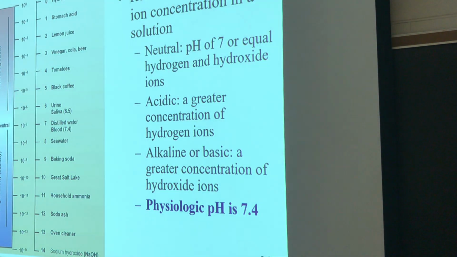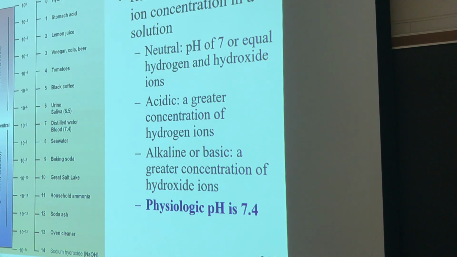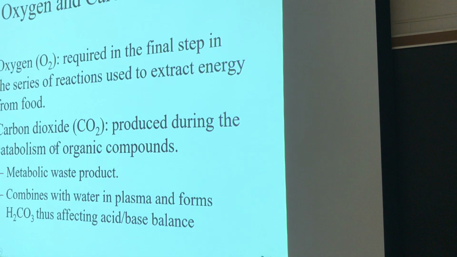The more hydrogen, the lower the pH, the stronger the acid. The weird thing is you would think that our pH in our body would be kind of neutral, right? Very neutral. The pH of our body is actually slightly basic. So keep that in mind. Almost done with this.